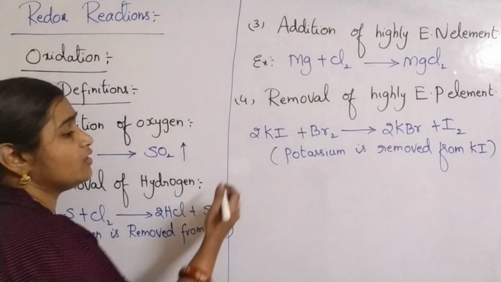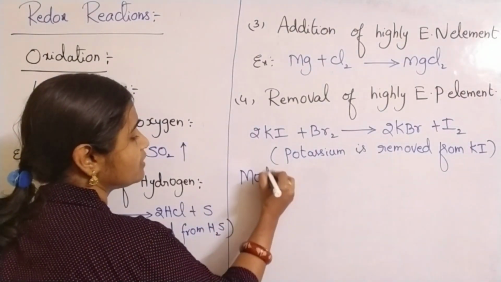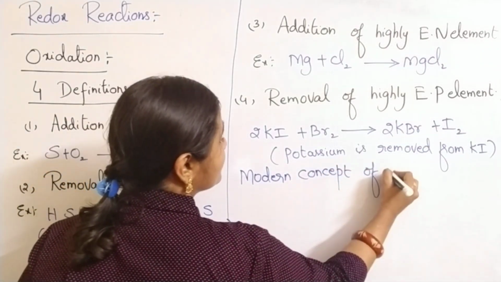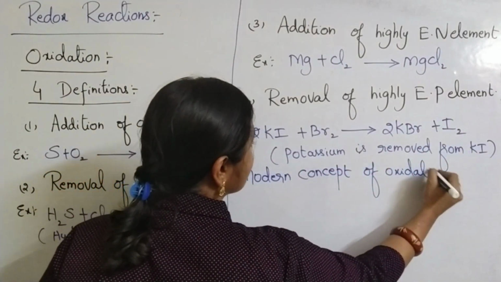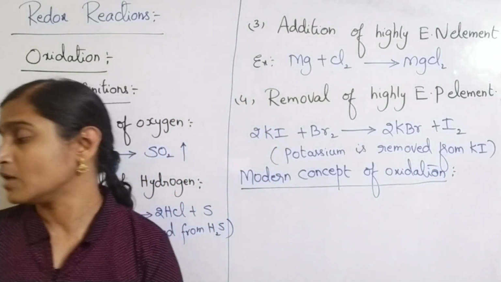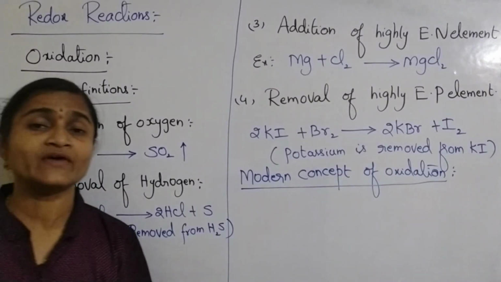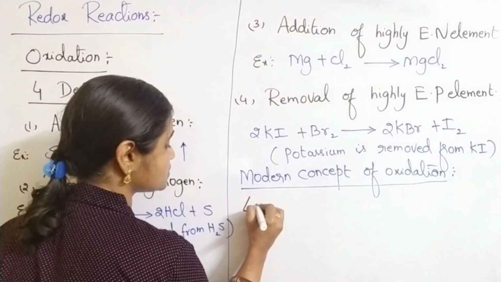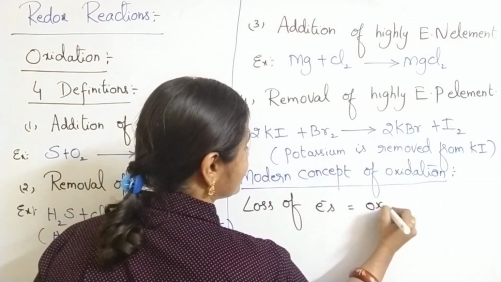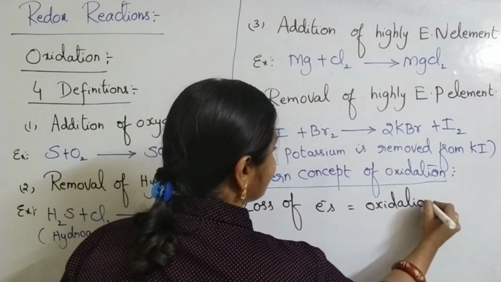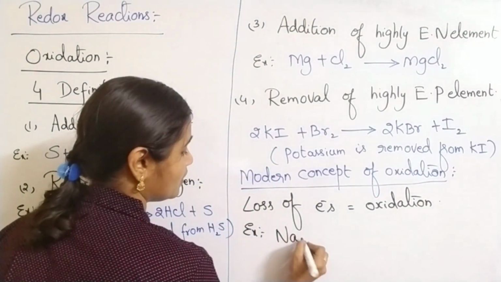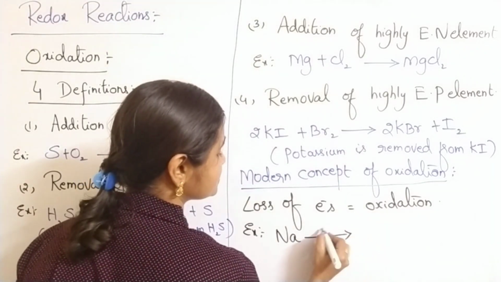Now coming to the modern concept of oxidation. What is the modern concept of oxidation? Loss of electrons is also called oxidation. For example, take sodium metal, which has 11 electrons.